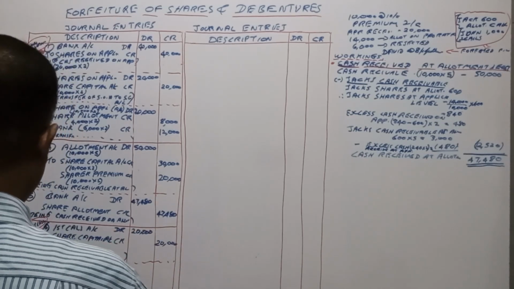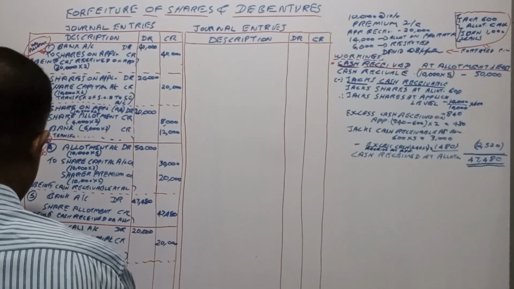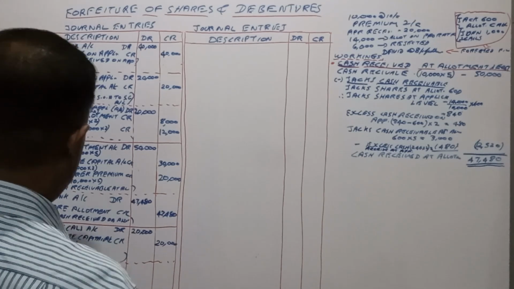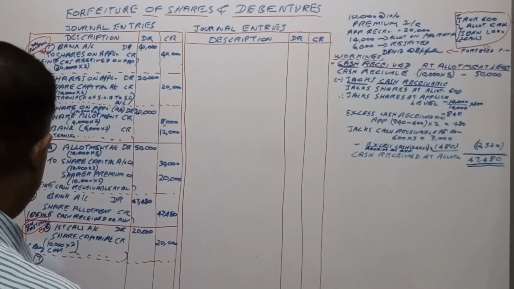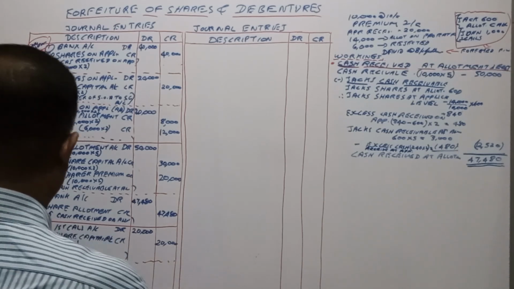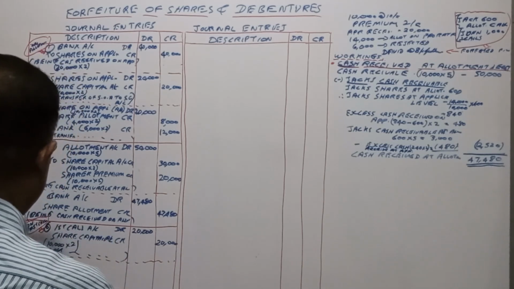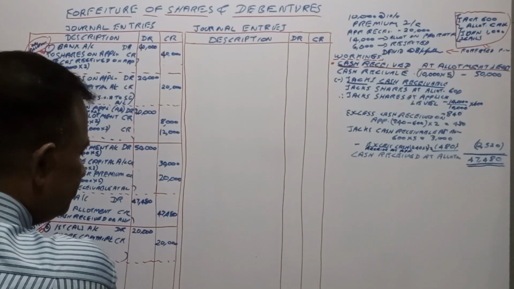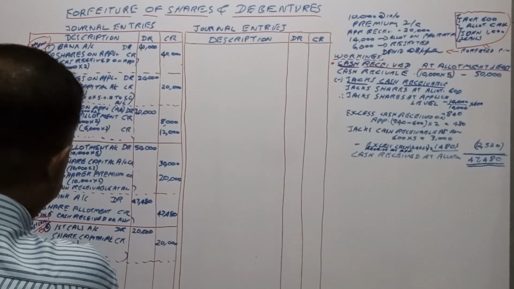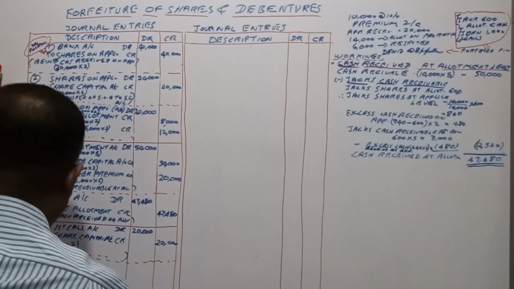Right? On seventh adjustment is, seventh journal entry is bank account debit.